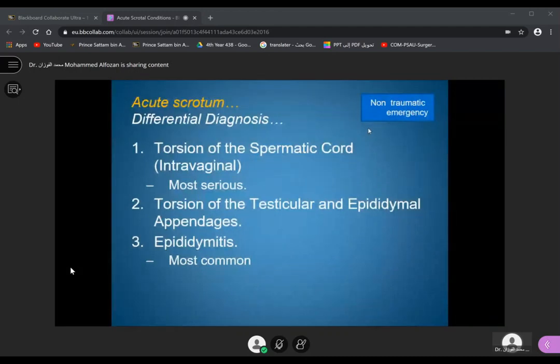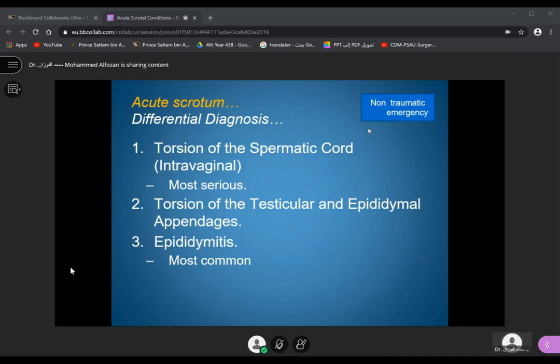So for differential diagnosis of acute scrotal pain: when we say acute, it's hours to days, sometimes a week if the patient neglects the pain and waits. But usually, if it's torsion, they will present in hours.